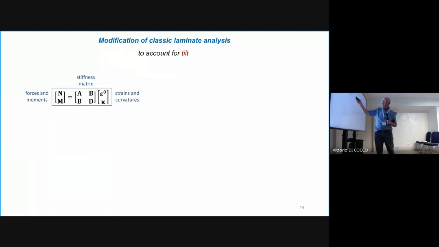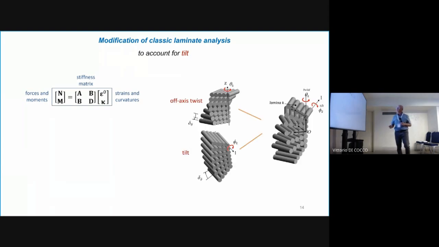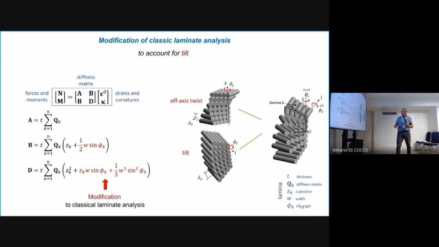And so the stiffness matrix is A, B, B, D, which has to be modified to account for tilt. This is one thing that we did, and these are the equations. Doesn't matter right now, just showing you to show off. But really, this is the modification that has to be brought to the classic laminate analysis, so that you can actually calculate the way the moduli works.